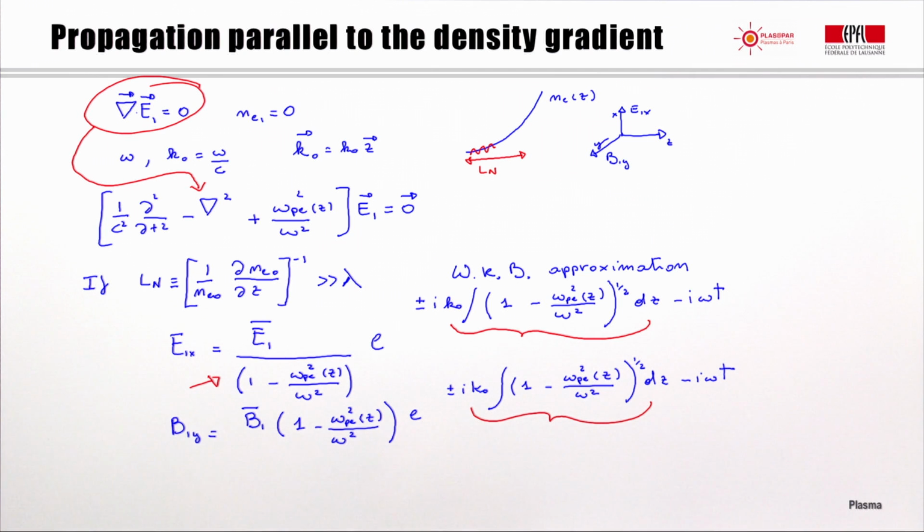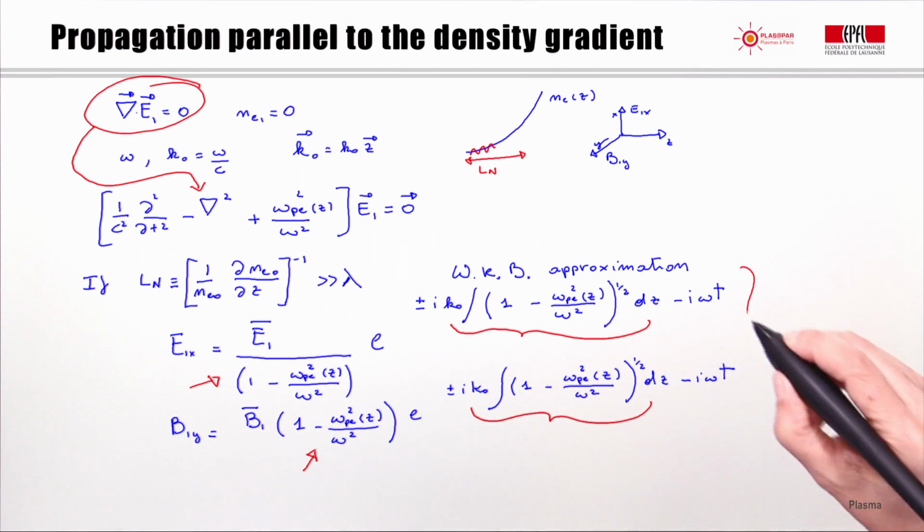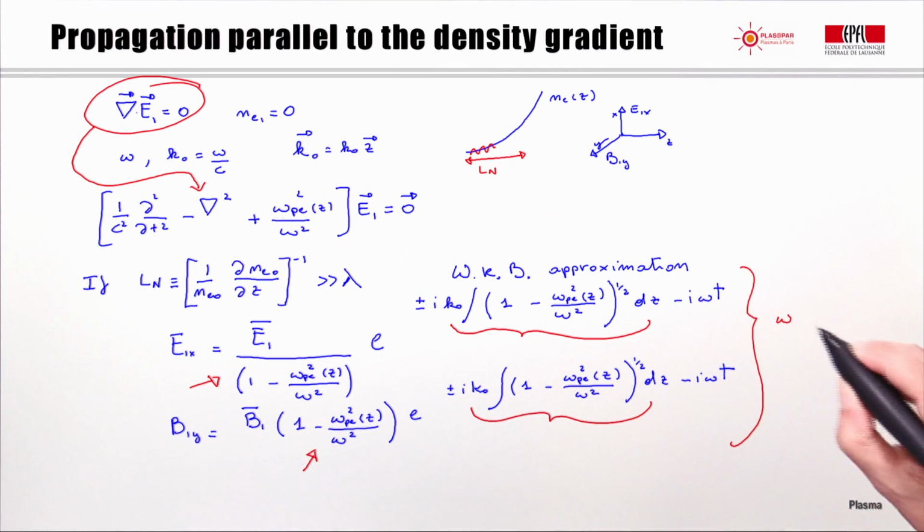And instead, the amplitude of the magnetic field decreases as the density increases, so that the flux associated to the propagating wave is conserved. This solution is valid as long as the frequency is larger than the plasma frequency. But as the density increases, at some point we can have a situation where the frequency of the wave is equal to the plasma frequency.